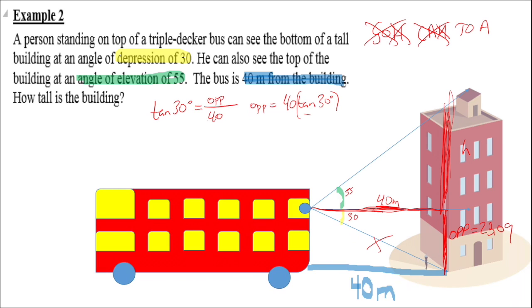What about this height right here? That's also an opposite, and we have an adjacent. So we can do tan of 55 degrees, my 5s always look like 3s, equals opposite over 40. So the next opposite will be equal to 40 times tan of 55 degrees.